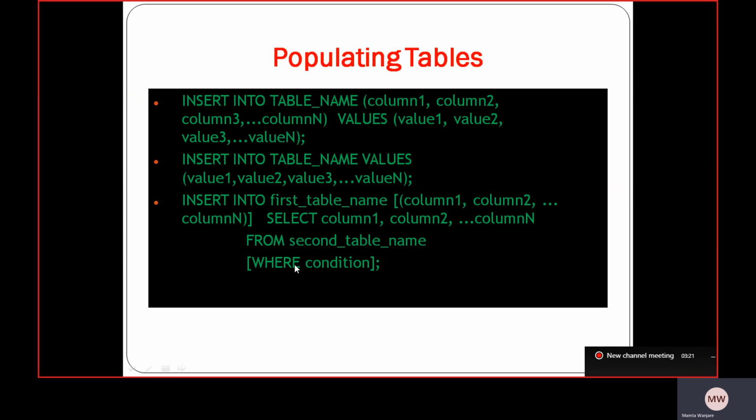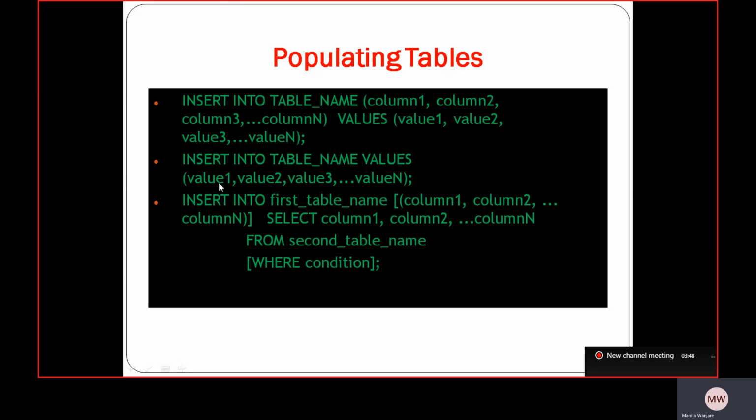Next is populating a table. For that, you have to insert the data into that table. The INSERT command is used: INSERT INTO table name, in brackets column 1, column 2, column 3 up to whatever, and VALUES, you insert value 1, value 2, any number of values, and at the end a semicolon should be there.